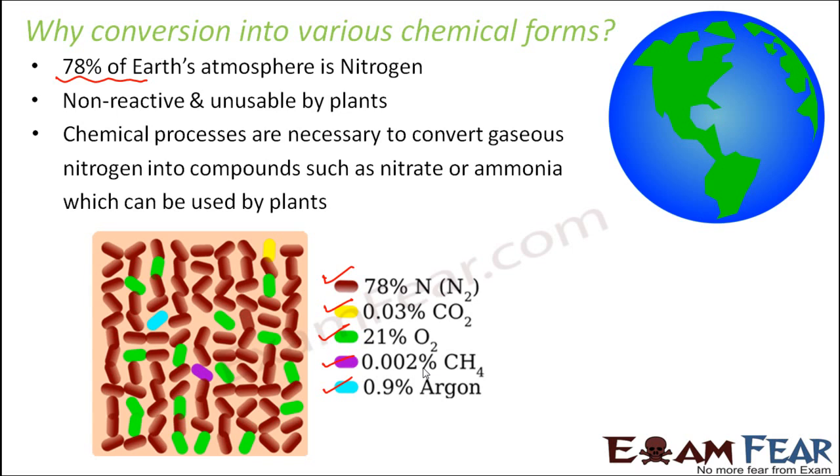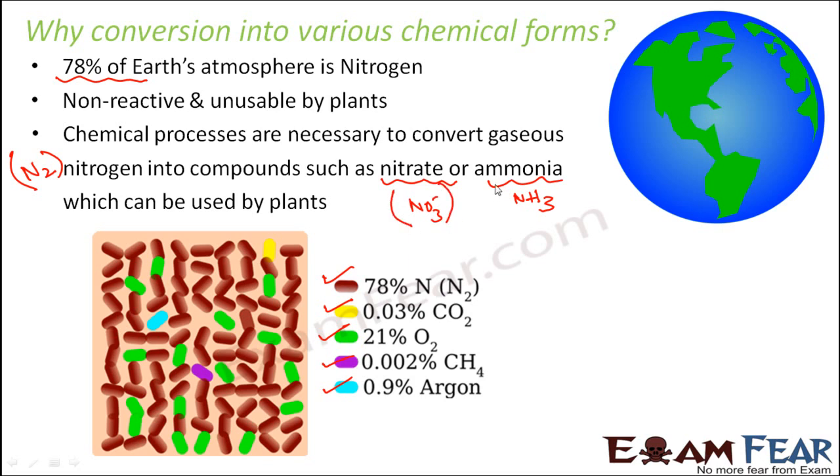Therefore, chemical processes were necessary to convert the gaseous nitrogen into compounds such as nitrate or ammonia, which can be used by plants. During the course of the nitrogen cycle, the dinitrogen or nitrogen gas present in the atmosphere gets converted into nitrate or ammonia. Ammonia is NH3 and nitrate is NO3-.